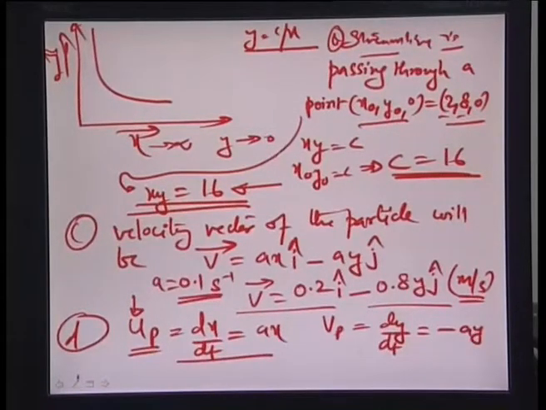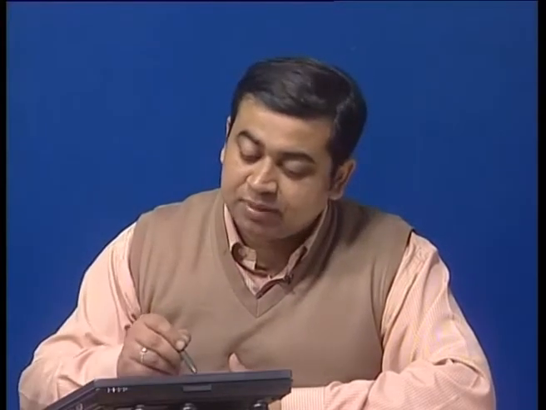From these two equations what we really need to ascertain is the relationship between x, y and time t, because we need to find out what will happen at time t equal to 20 seconds. Okay. Assuming that the initial curve here, xy equal to 16, satisfies a streamline which is formulated at time t equal to 0 seconds.